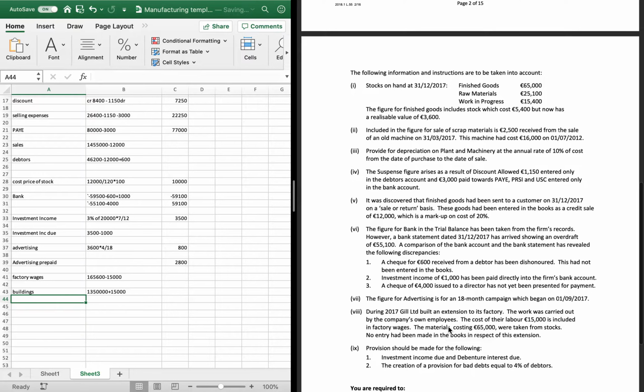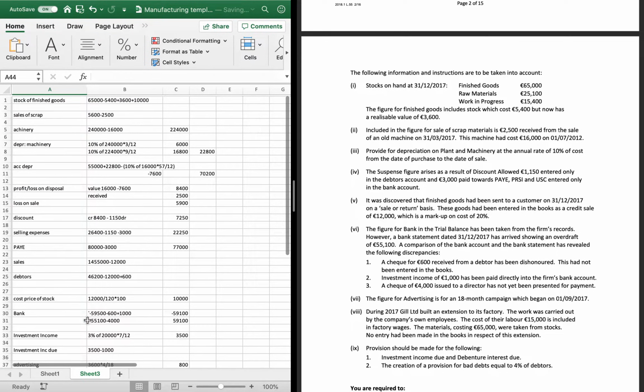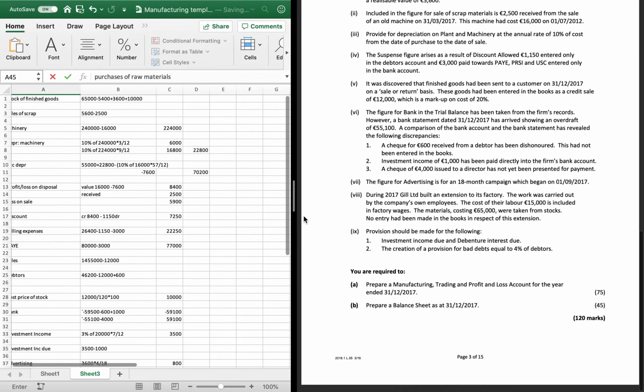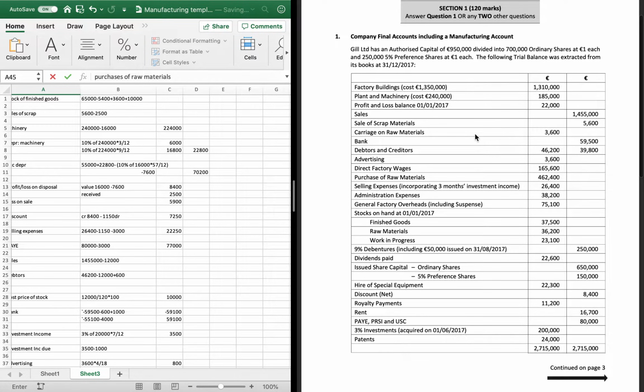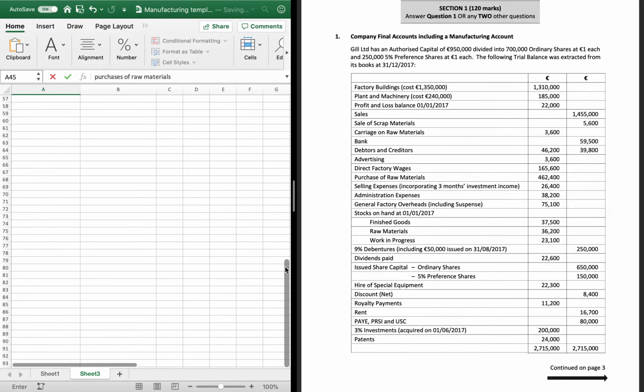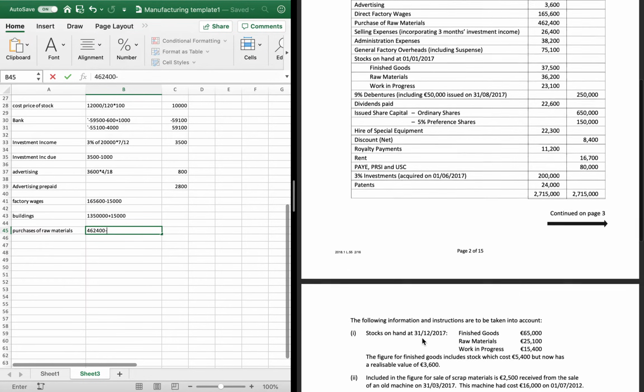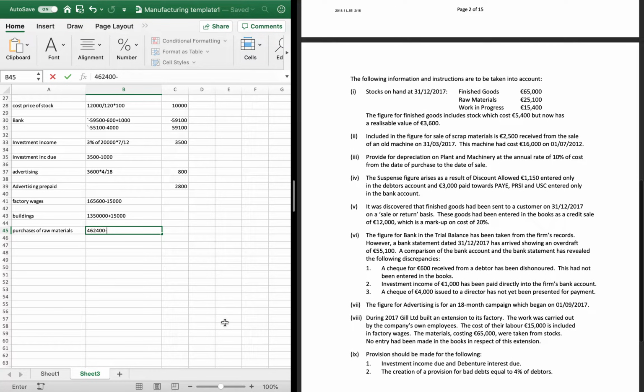Same then goes for the materials cost and raw materials taken from stock. Now they're taken from stock, so they're not included in closing stock. But that is purchases of raw materials that has to be adjusted. Now, normally purchases of raw materials will be changed, but it's not in this case. So we'll take that purchases of raw materials, your starting figure of 462,400, and we're going to take away from that the materials that are taken from stock, 65,000.